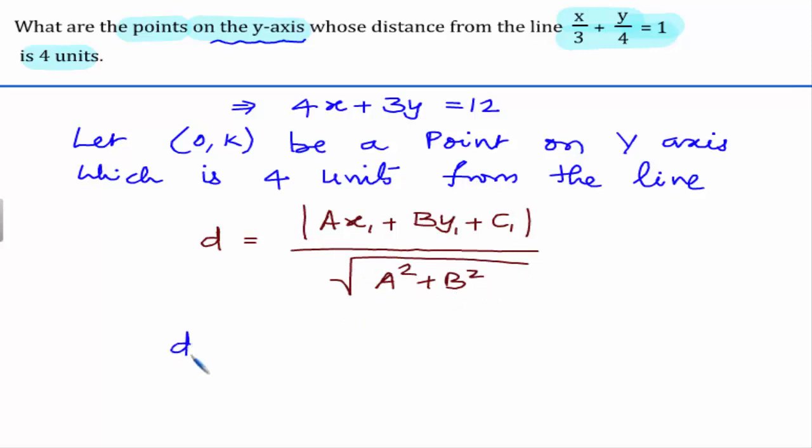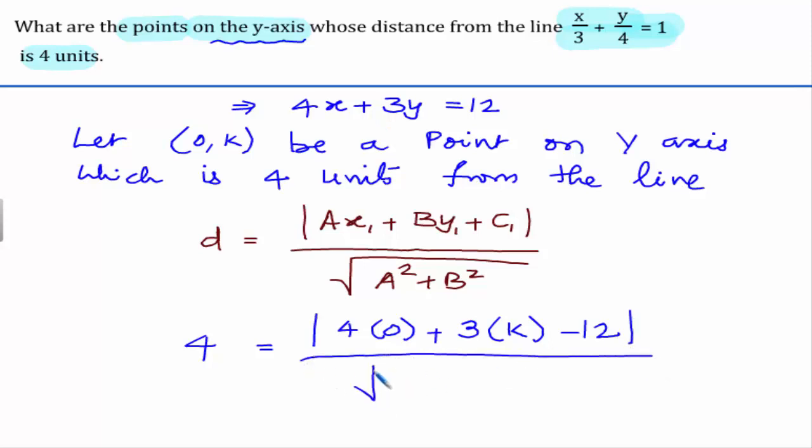Now here d, that is the distance, is 4, which is equal to modulus of a, which is 4, into x1, which is 0, plus b, which is 3, into y1, which is k. Here c1 is minus 12 because c1 should be on the left hand side, by square root of a square plus b square, that is 4 square plus 3 square.